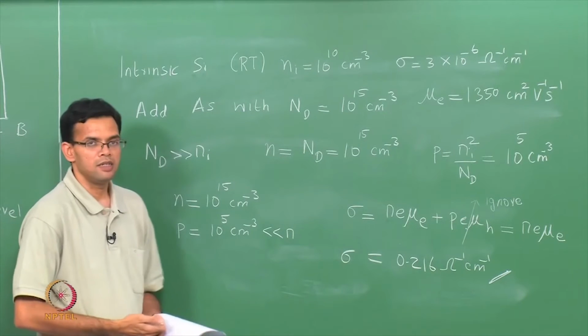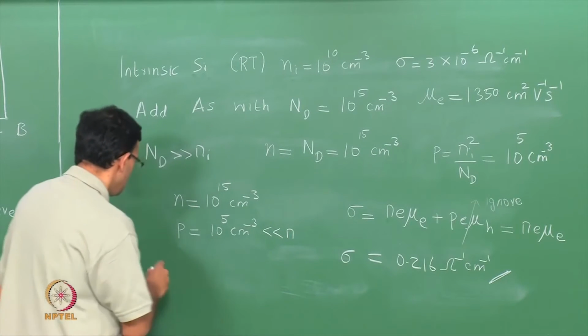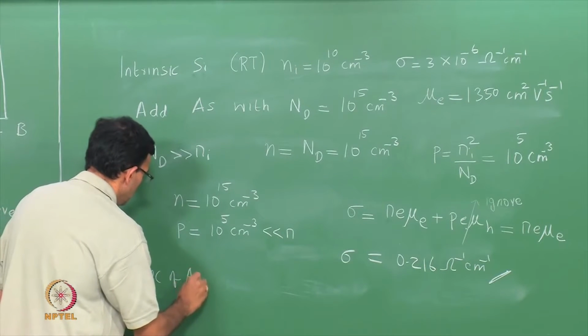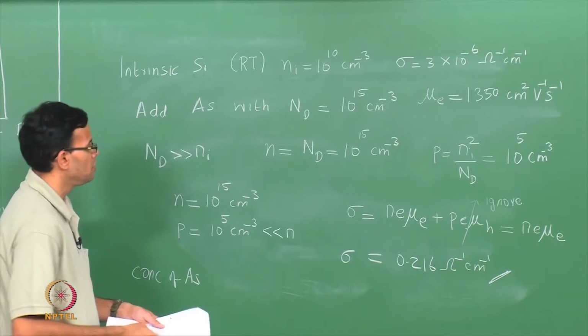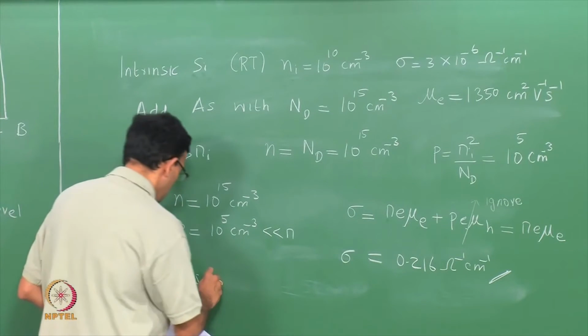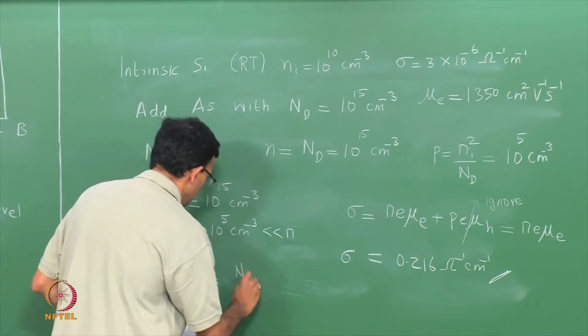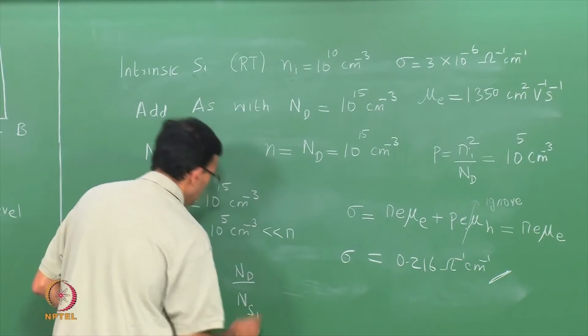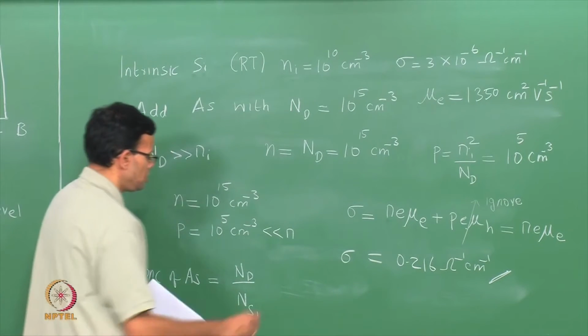We said we added around 10 to the 15 arsenic atoms. So, what is that in terms of concentration? To know the concentration of arsenic, we need to find out the number of silicon atoms per unit volume. So, this, let me say, is the concentration of silicon.